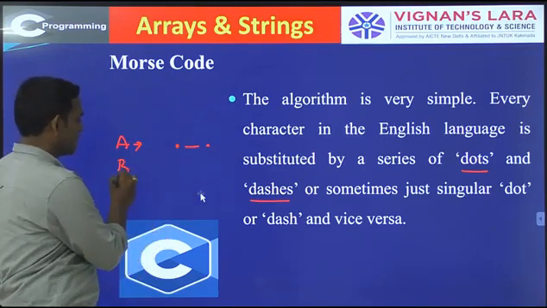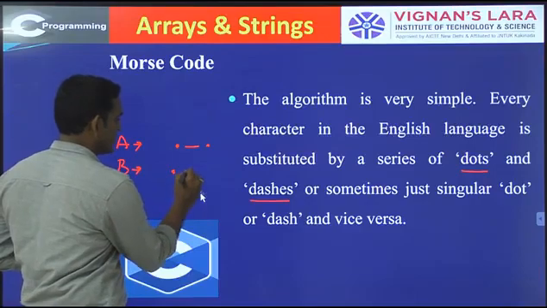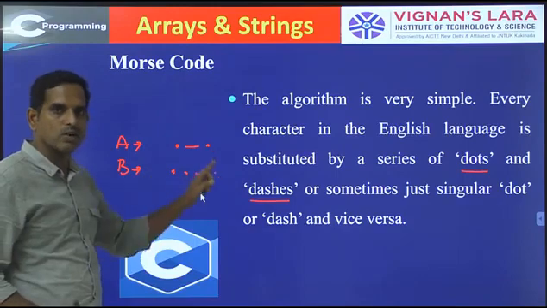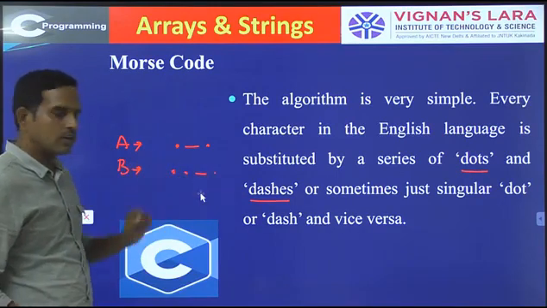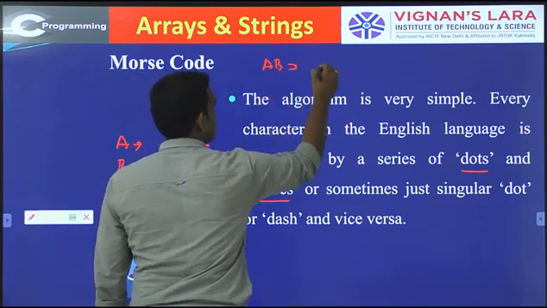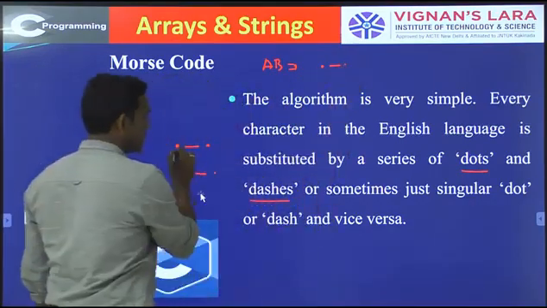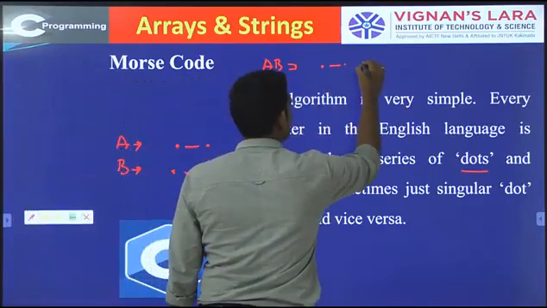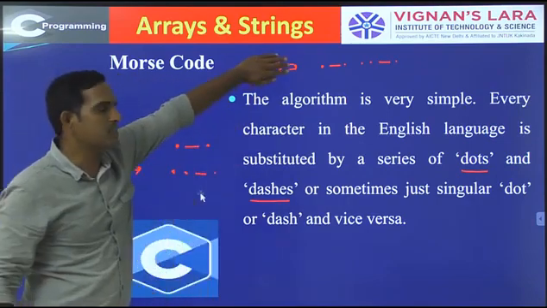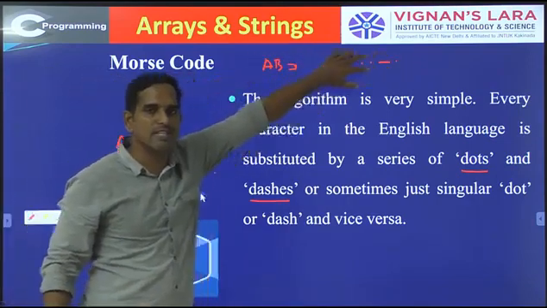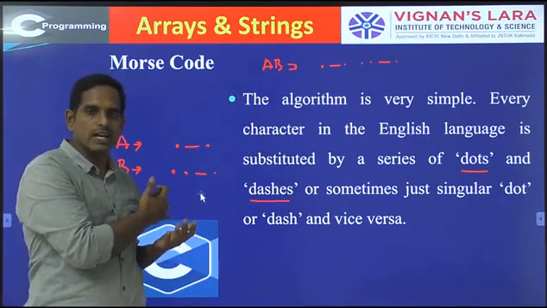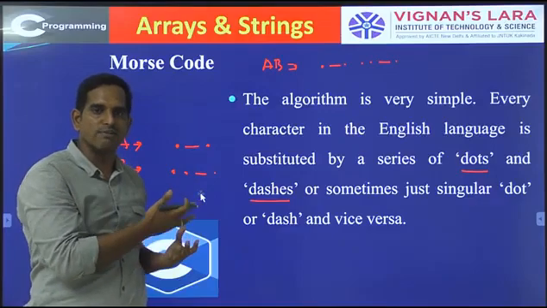If B has the encoding dot dot dash dot, then whenever I want to transmit AB, I will transmit dot dash dot, space, dot dot dash dot. So instead of transmitting English characters, I transmit this coded format. This code was used in earlier days for transmitting secure information.